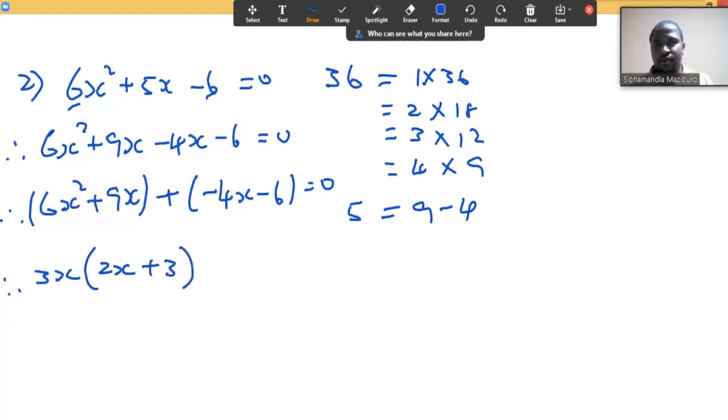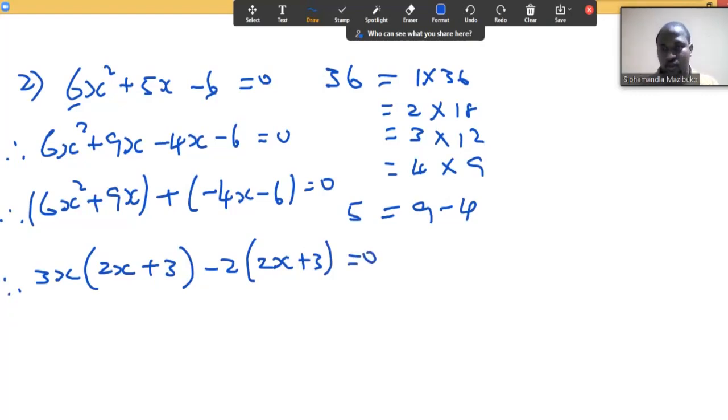So here, what can be our common factor? We can have a common factor of minus 2. Let's say we have minus 2 as our common factor into 2x plus 3 equal to 0.